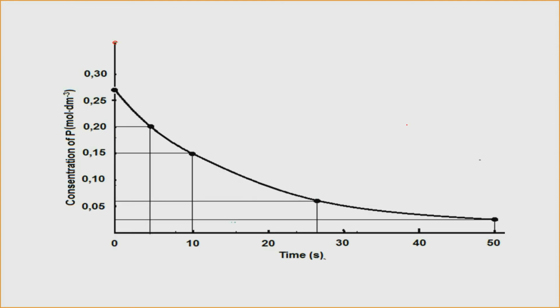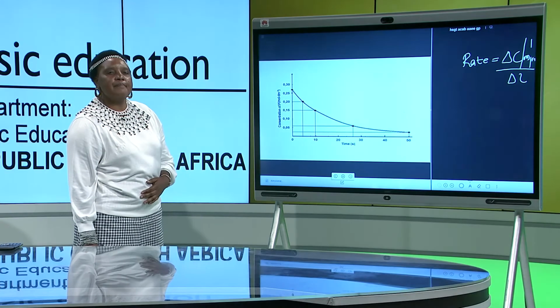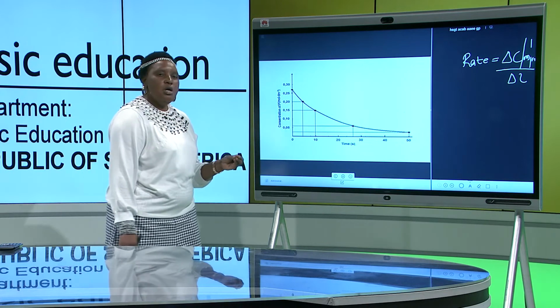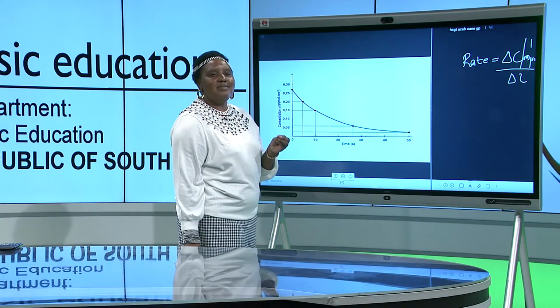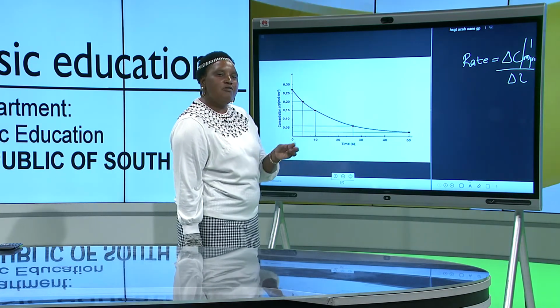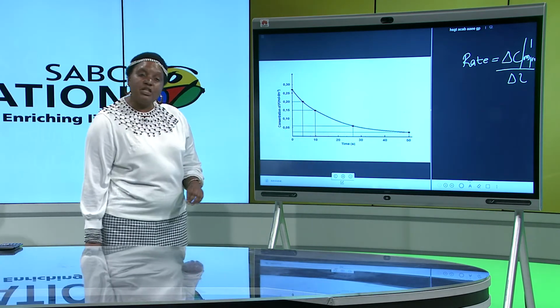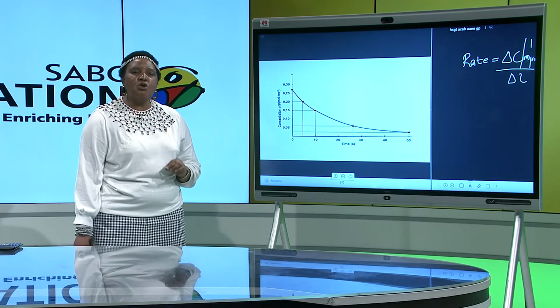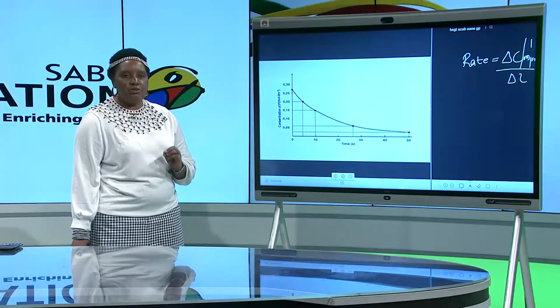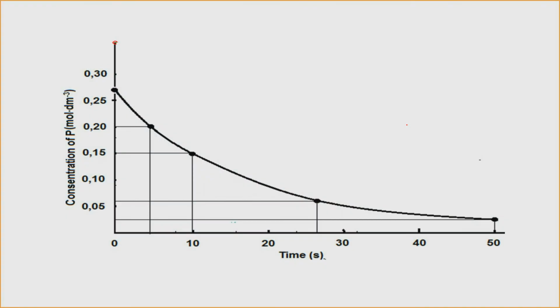When we were explaining the formula for calculating the rate, I said to you, rate of reaction is the change in concentration of the reactants or the product per unit time. So in the examination, Grade 12, take note of the shape of the graph that you are going to be given. If by any chance this graph is in your question paper, you must be able to remember quickly that, oh, this is the graph of the reactants.